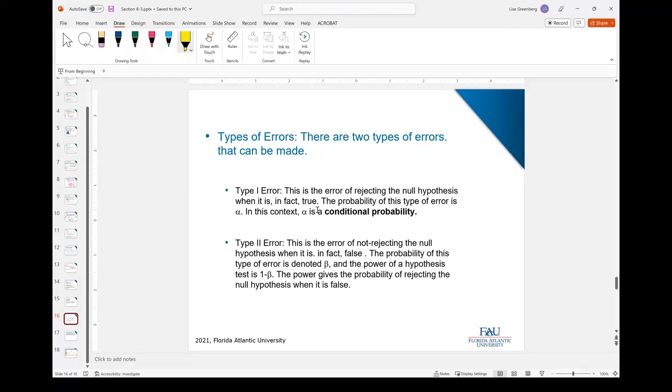However, we could make a mistake. The probability of this type of error is alpha. In this context, alpha is a conditional probability.